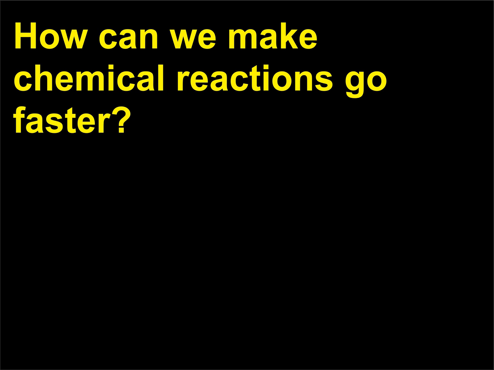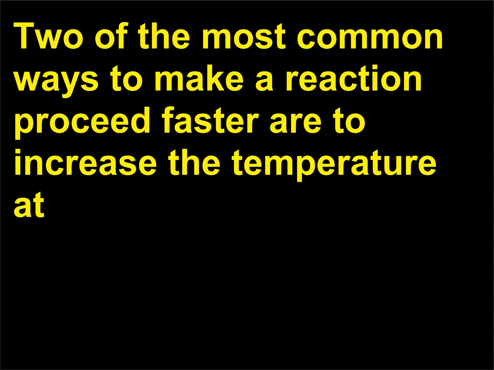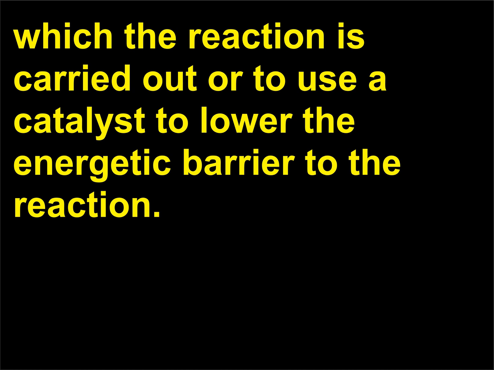How can we make chemical reactions go faster? Two of the most common ways to make a reaction proceed faster are to increase the temperature at which the reaction is carried out, or to use a catalyst to lower the energetic barrier to the reaction.